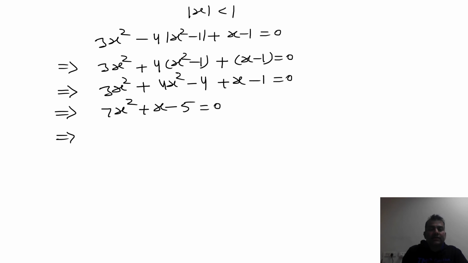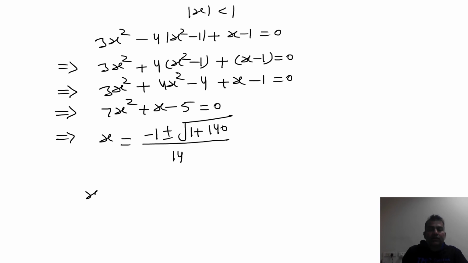And this implies x equals, the roots of this equation are x equals minus 1 plus minus square root of 1 minus 4ac, so 4 times 5 is 20, times 7 is 140, and minus minus plus, so 141, upon 2a, so 2 times 7 is 14.